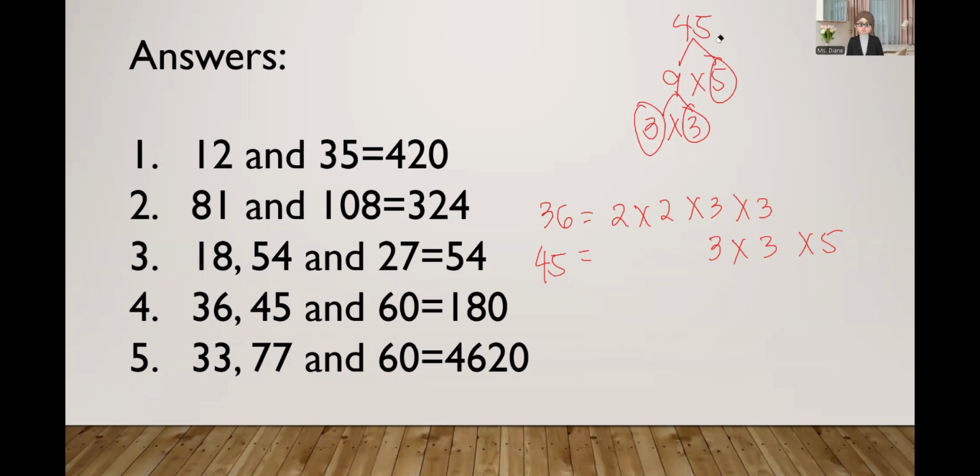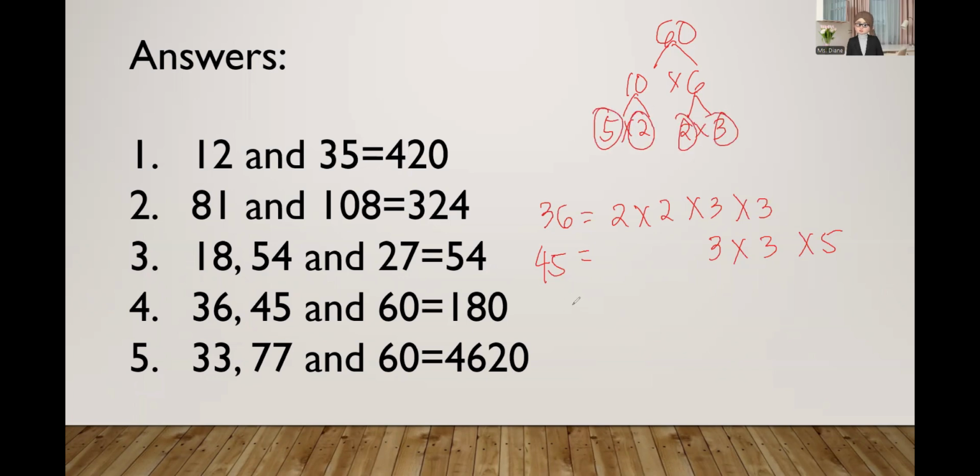And then next, 60. Let's find out the factors of 60. Okay, 10 times 6, right? And then this one is 5 times 2. And this one is 2 times 3. So they're all prime numbers. So 60. How many 2's do you have here?